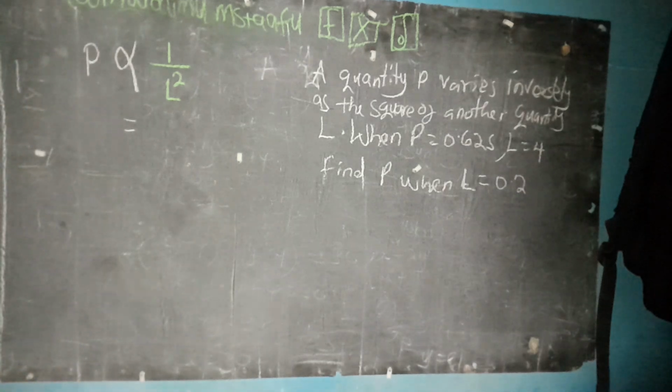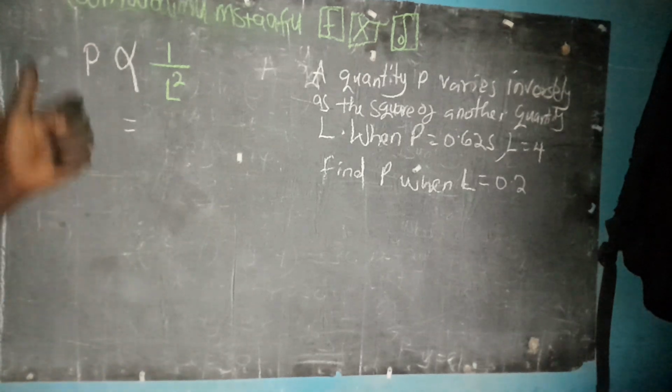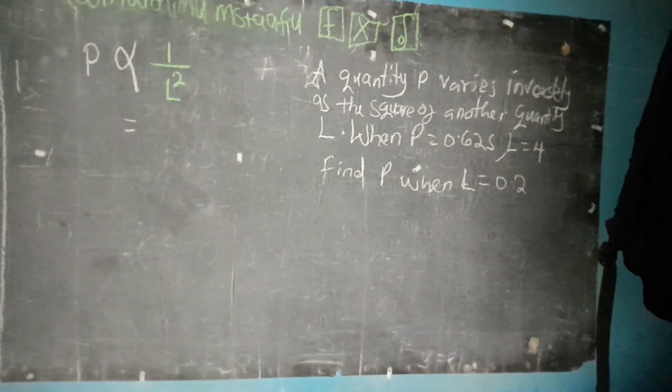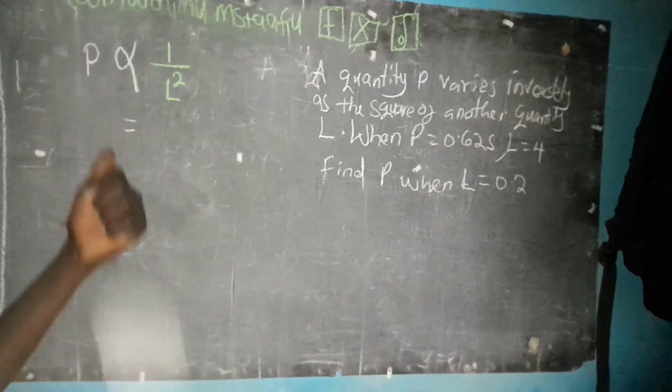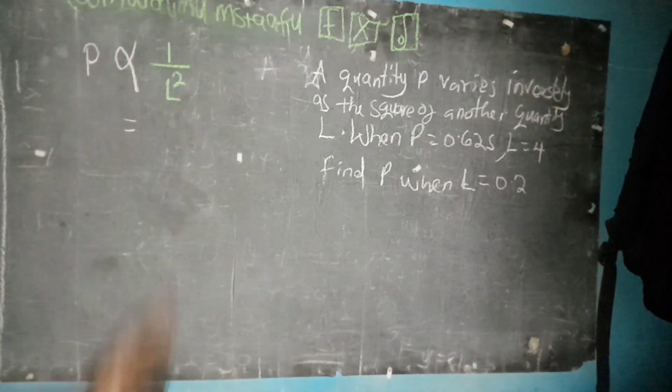We introduce a certain constant so that we can remove the sign for variation and then find the relationship between P and L.